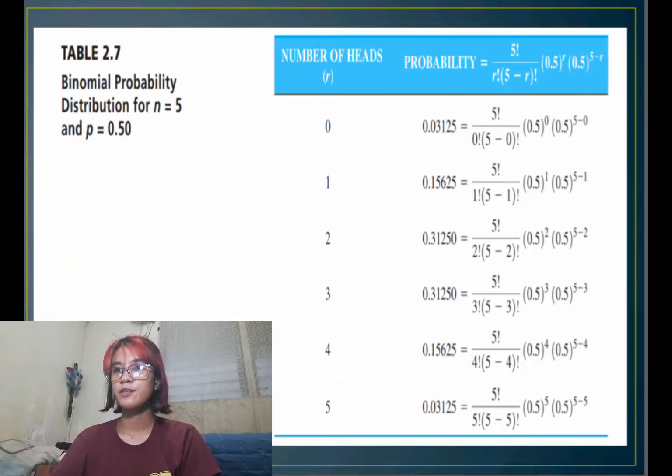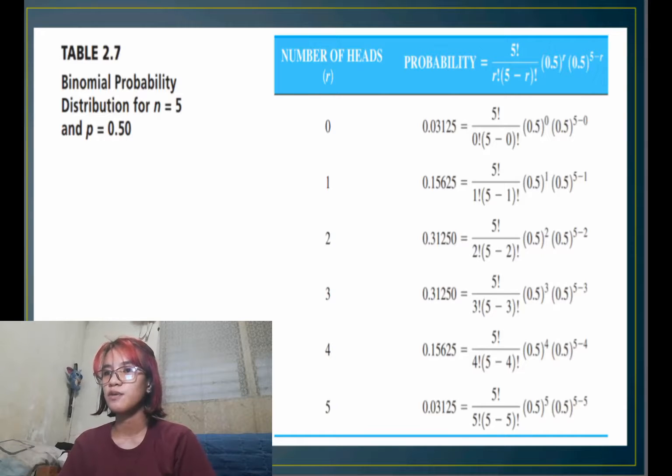In the table given, which is table 2.7, the binomial probability distribution is for n equals 5, or 5 tries, and p equals 0.50.